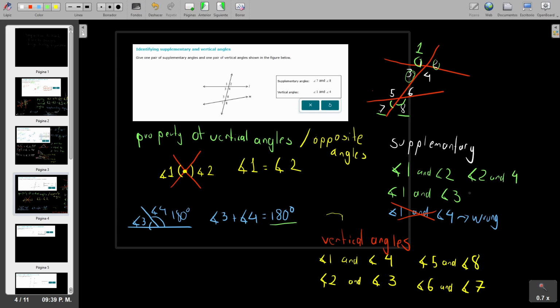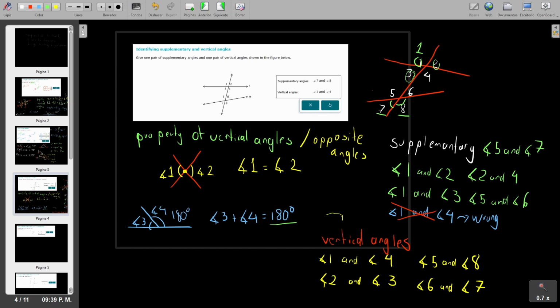5 and 6. Which else? Number 5 and number 7. As you can see, 5 and 7 are consecutive. We already have 5 and 6.